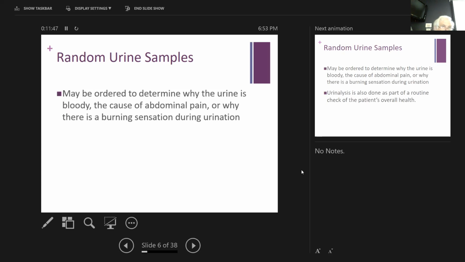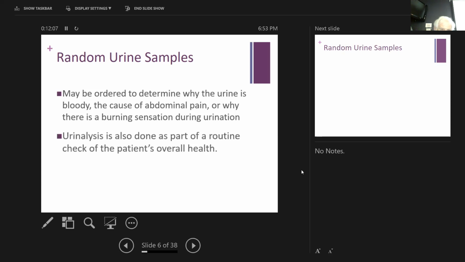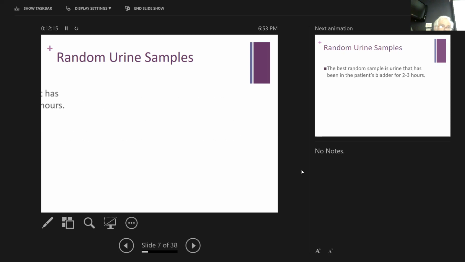That can be an indicator of a UTI. Or if someone is having a burning sensation during urination, that could be an indicator of a UTI. It could also be an indicator of changes in things like the pH of the urine. So we should have these done fairly regularly as a part of our routine check on our overall health.